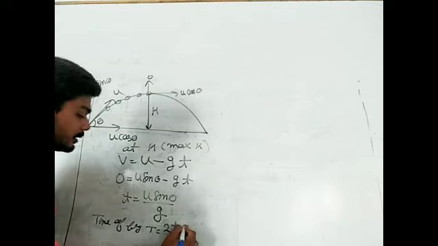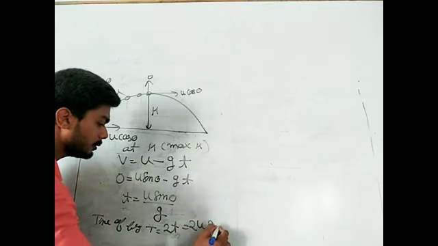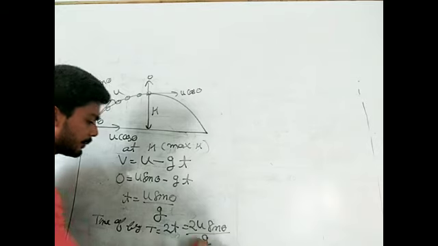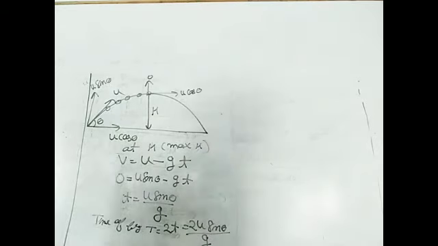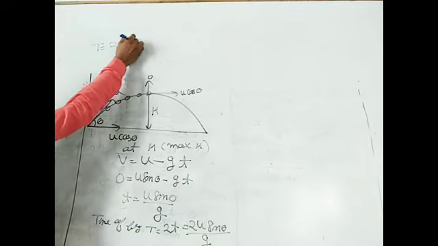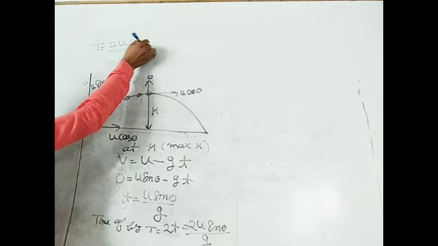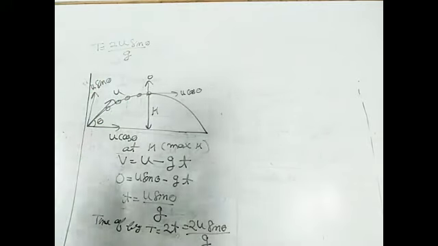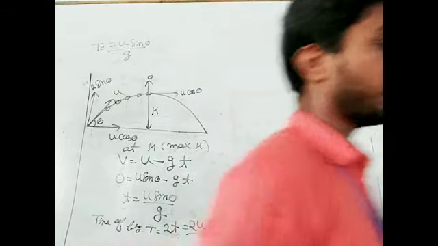You are getting 2u sin theta by g. The time of flight T is equal to 2u sin theta by g.